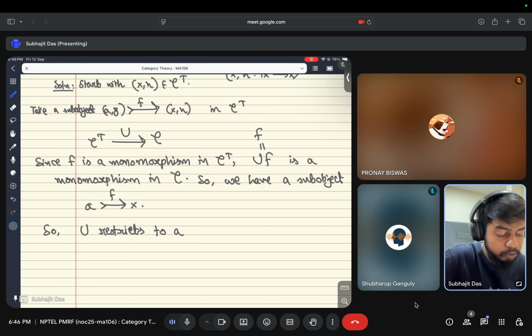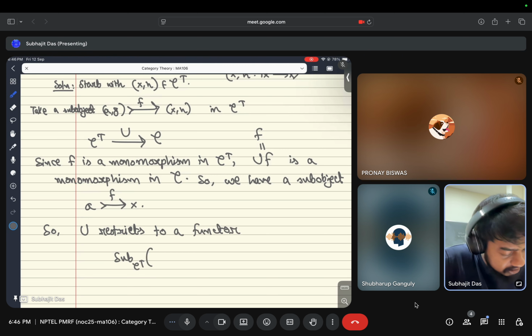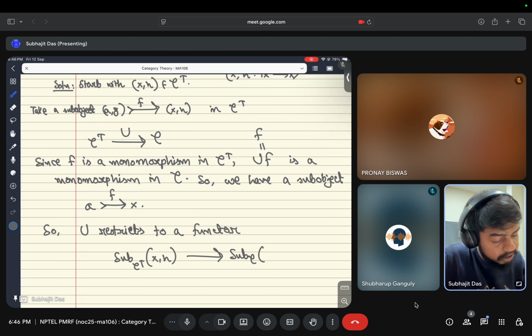Okay, so U restricts to a what? U restricts to a functor from Sub of (X, h) in C T to Sub of X in C. What does this do?